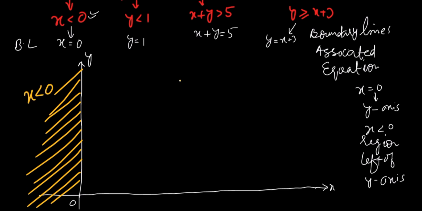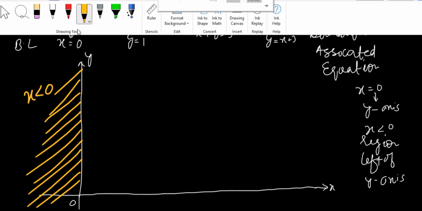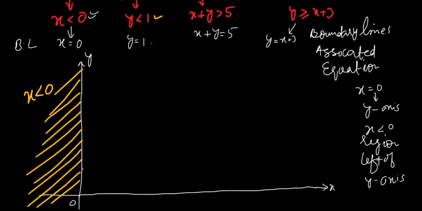Next we draw the graph of y less than 1. What is its boundary line? Its boundary line is y equal to 1. Where can we locate y equal to 1? Y equal to 1 is a point on the y-axis. Suppose this is y equal to 1. Next we draw the boundary line of y equal to 1.